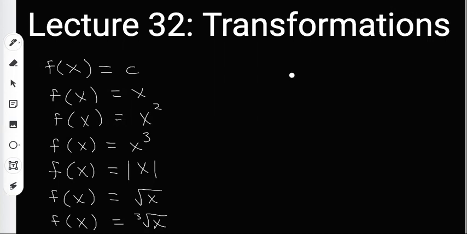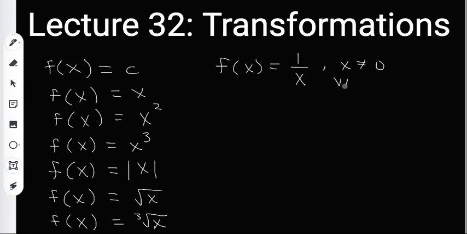All right, then we talked about 3 more. All 3 of these have asymptotes, and I'll label that as we go along. We talked about the reciprocal function. The reciprocal function is f of x equals 1 over x. X cannot equal 0.